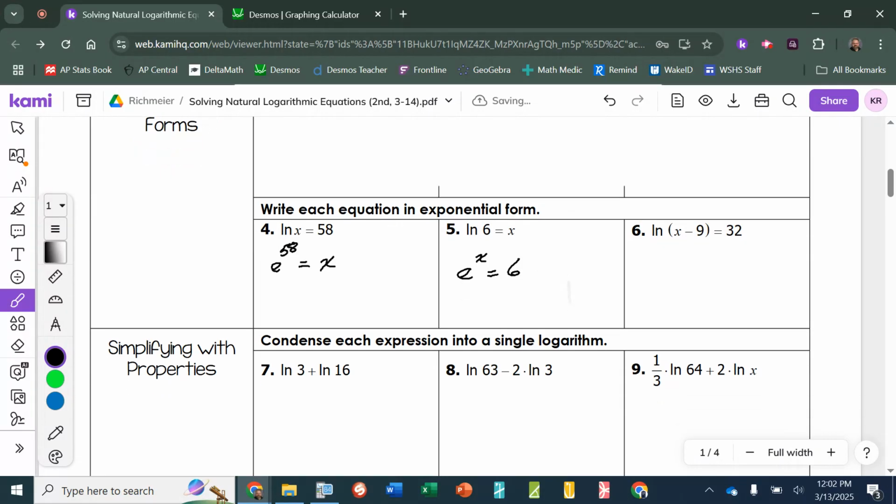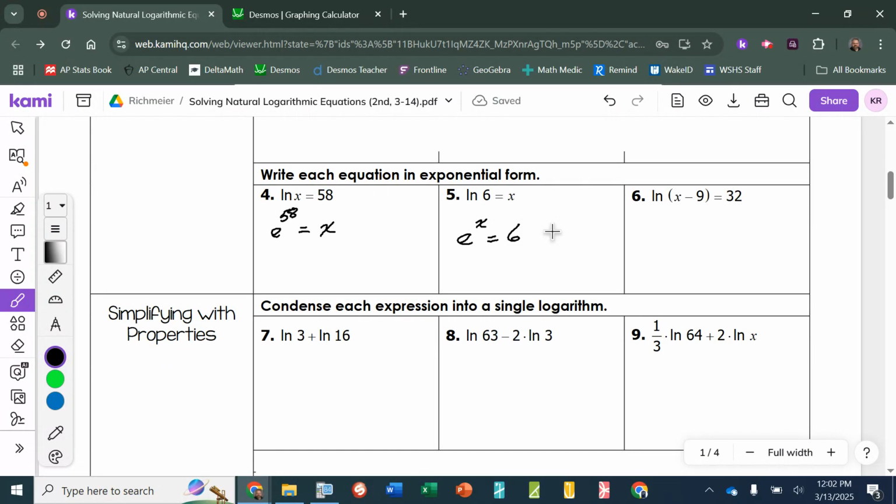Again, we have a natural logarithm, so my base is going to be e. It's equal to 32, so my exponent is going to be 32, and then we have x minus 9. So we've rewritten those 3 logarithmic equations in exponential form.